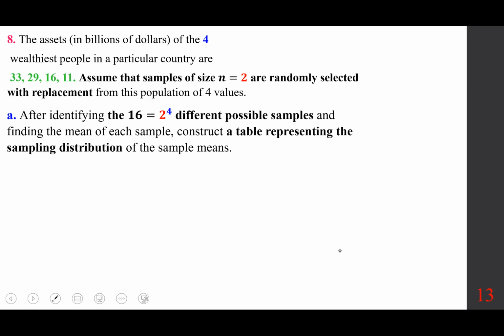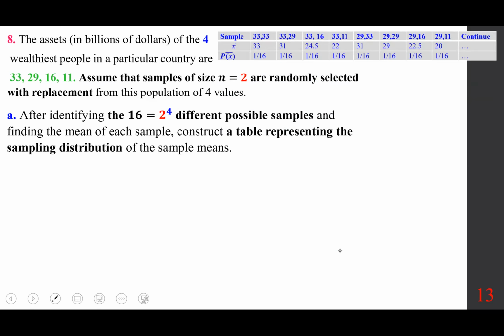Perfect. So here's the sample. Here's the X bar. Here's the P of X bar. There are 4 of them, and we're going to do them with replacement. 33 and 33, 33 and 29, 33 and 16, 33 and 11.